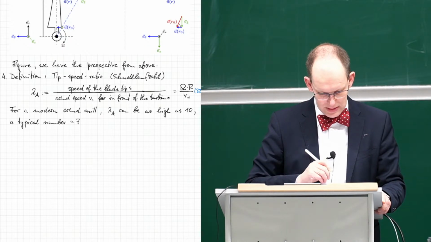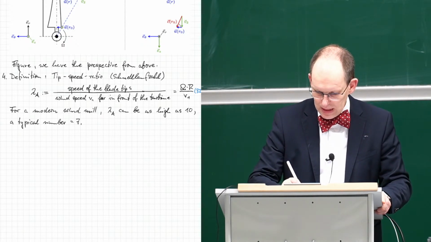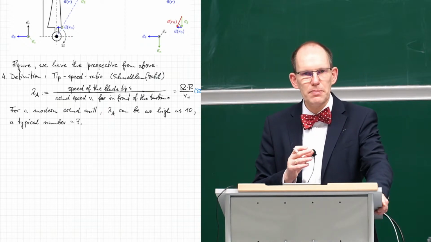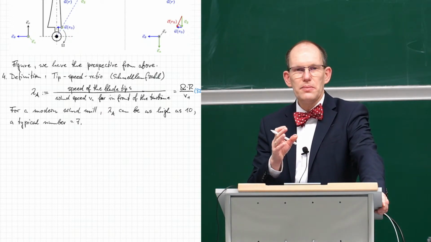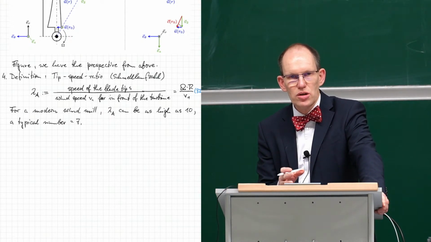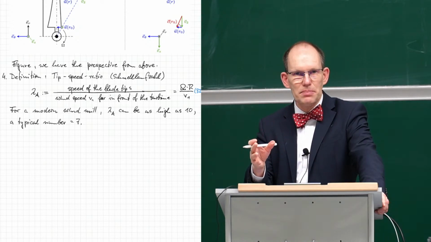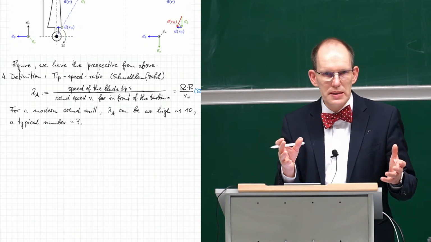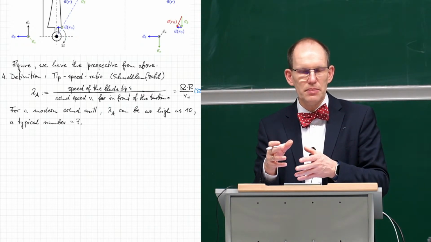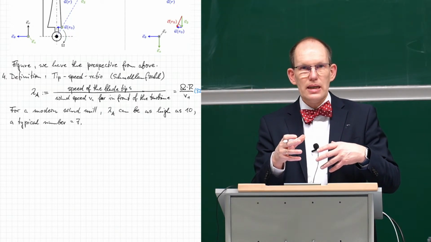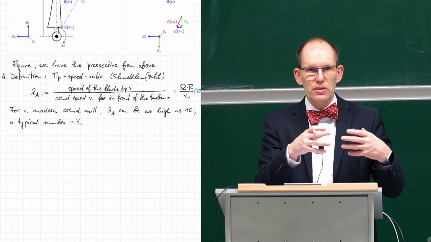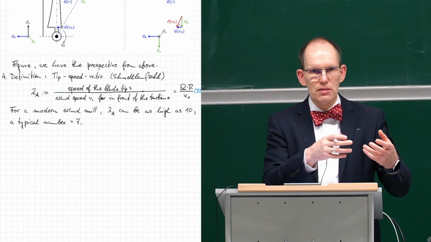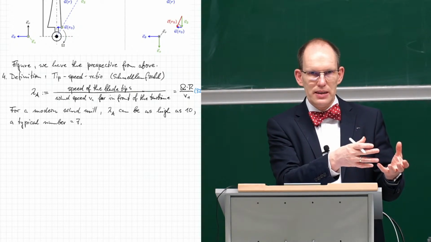And when we speak here of the tip speed ratio, then we mean the tip speed ratio at the design parameters. So we assume once again what we said in the beginning, namely that we consider this windmill to be running at the Betz limit.